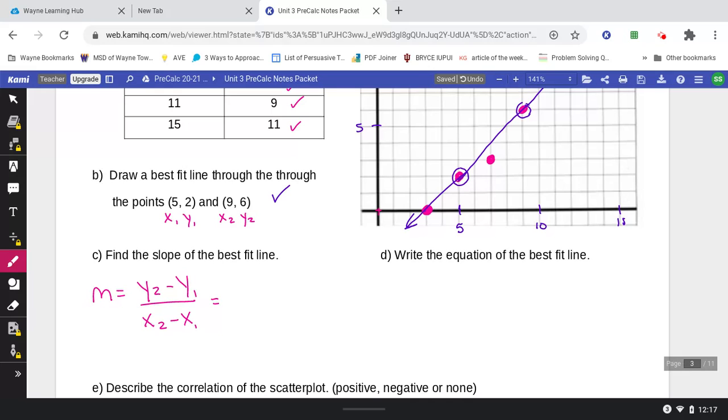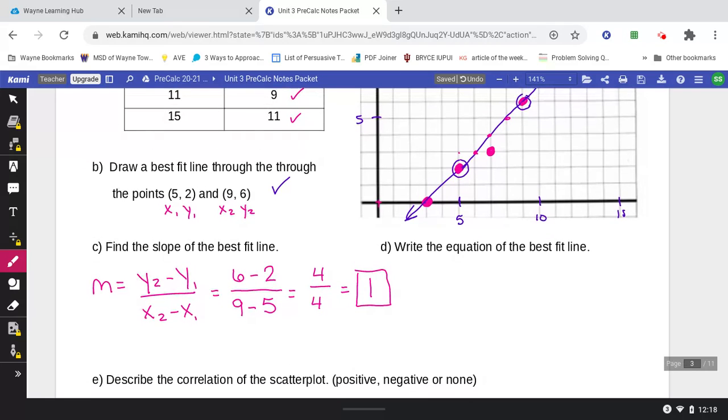Then we'll just plug them in. y2 is 6, minus y1 is 2, over x2 is 9, minus x1 is 5. 6 minus 2 is 4. 9 minus 5 is 4. And I'll divide that out to get a slope of 1. You can double check that on your graph. Starting from this pink dot here, you can go up 1 over 1, up 1 over 1, up 1 over 1, up 1 over 1, and you can see that it is a slope of 1.